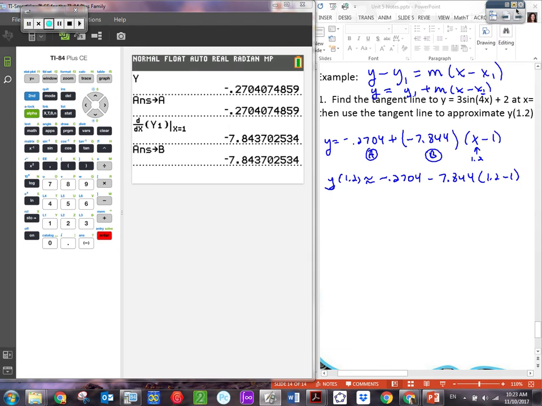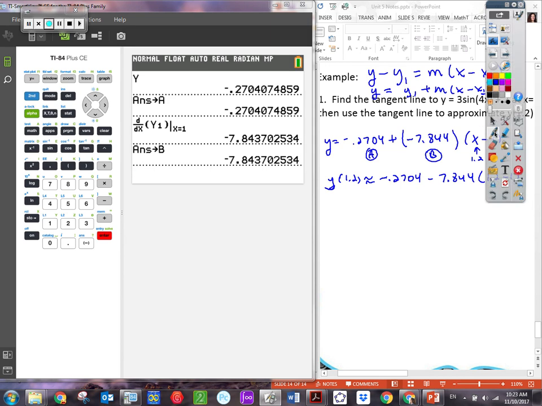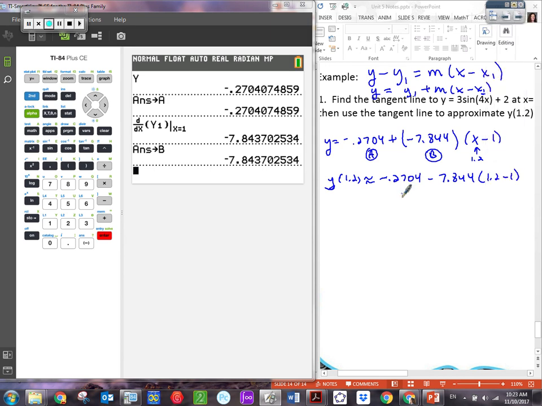So let me show you what I'm going to put in the grapher. So this was A. I'm going to type in A plus B. Why am I typing in a B? What was our B? It was negative, right? So I'm just going to say A plus B, and I'm going to multiply B times, what's 1.2 minus 1? 0.2. That's all I'm going to type in my calculator to get my answer: A plus B times 0.2.